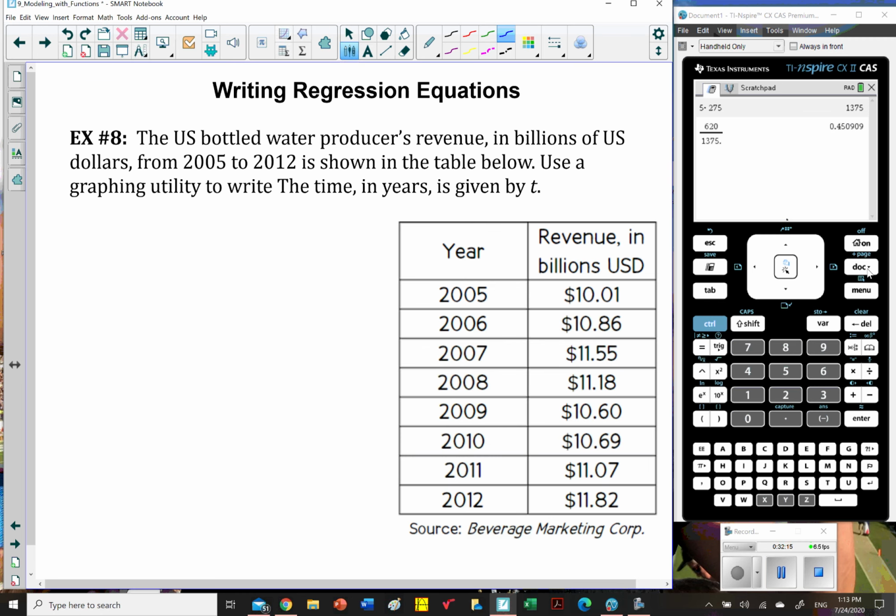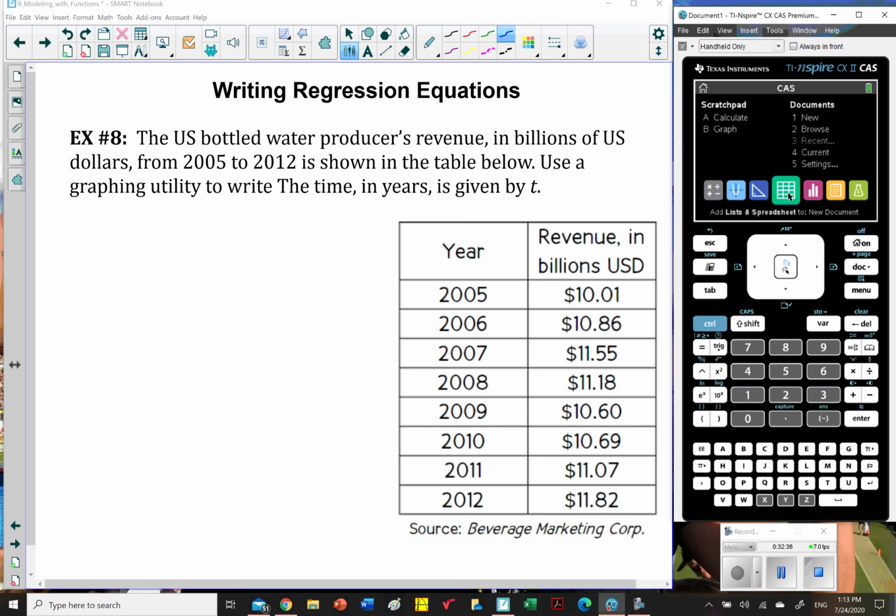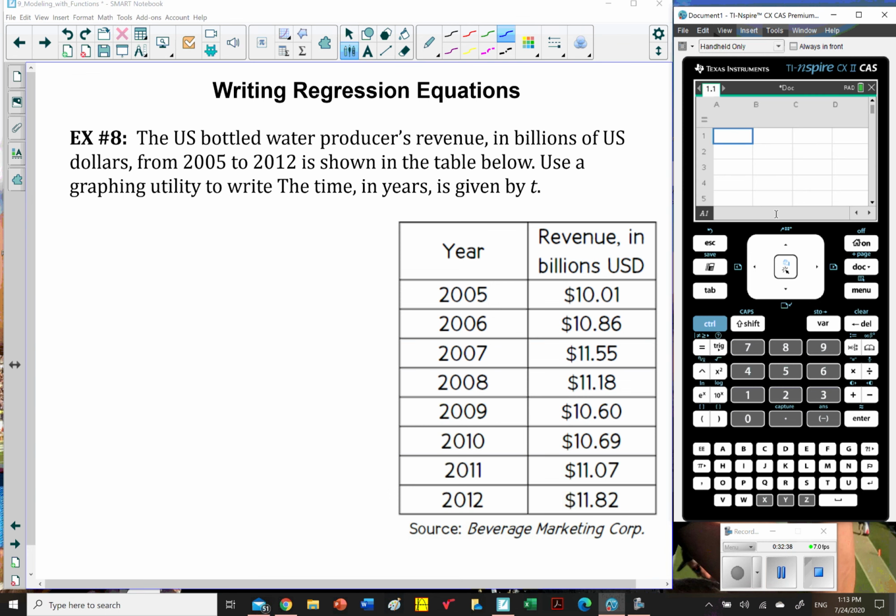All right, this last thing we're going to do will be a regression equation. So you want to stop your video and go to your graphing calculator and make yourself a table that has the data from this chart here.